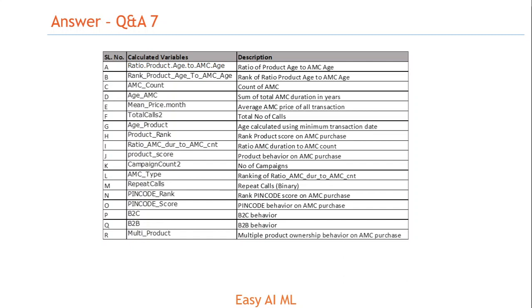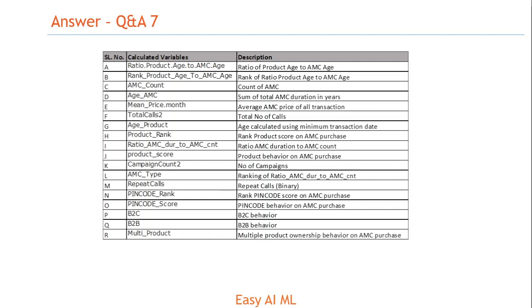Rank: product age to AMC age. This is the rank of the ratio. AMC count, number of times AMC has been taken, age of AMC, mean price, month, average AMC price to all transactions, total number of calls the customer has made, age of a product, product rank.